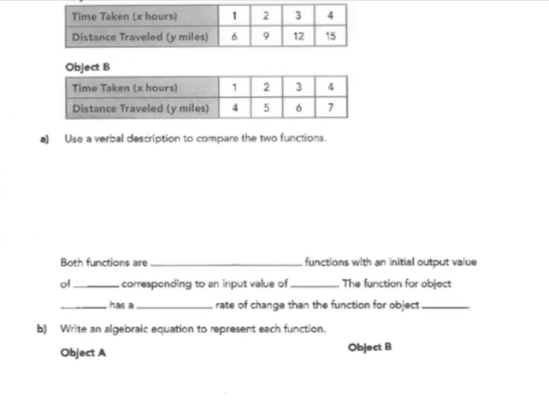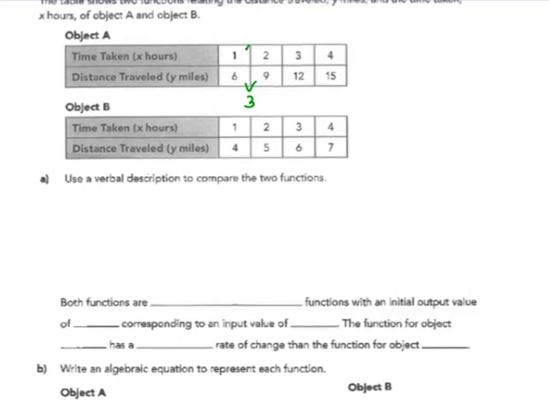I can see that my slope in object A is up 3 and over 1, right? So I have a delta y over delta x of 3 over 1.